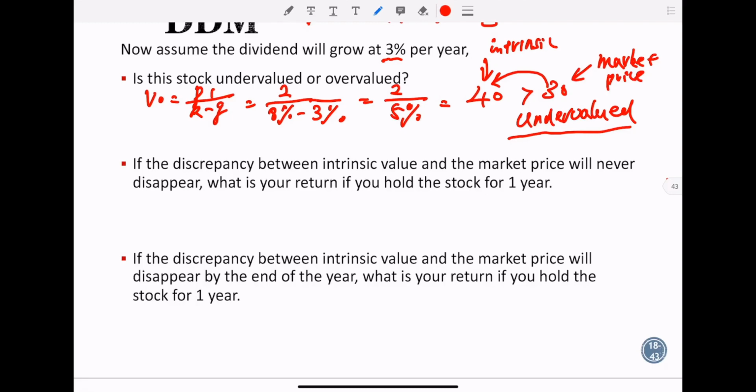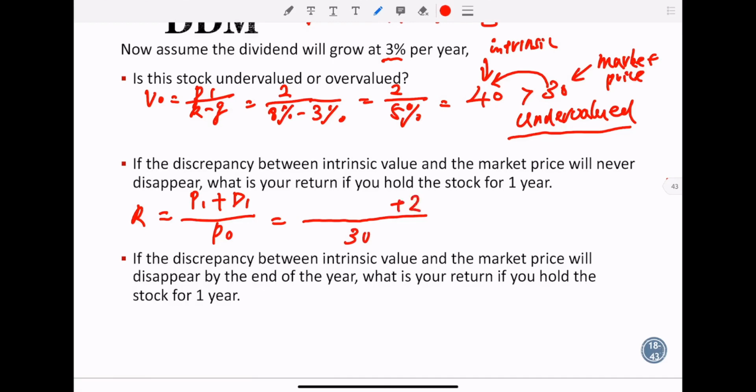Remember that the 1 year return equals the stock price at the end of the year plus the dividend at the end of the year, divided by the initial price. So we have the initial price, $30. This is the market price, right? What is D1 here? D1 equals 2, right?